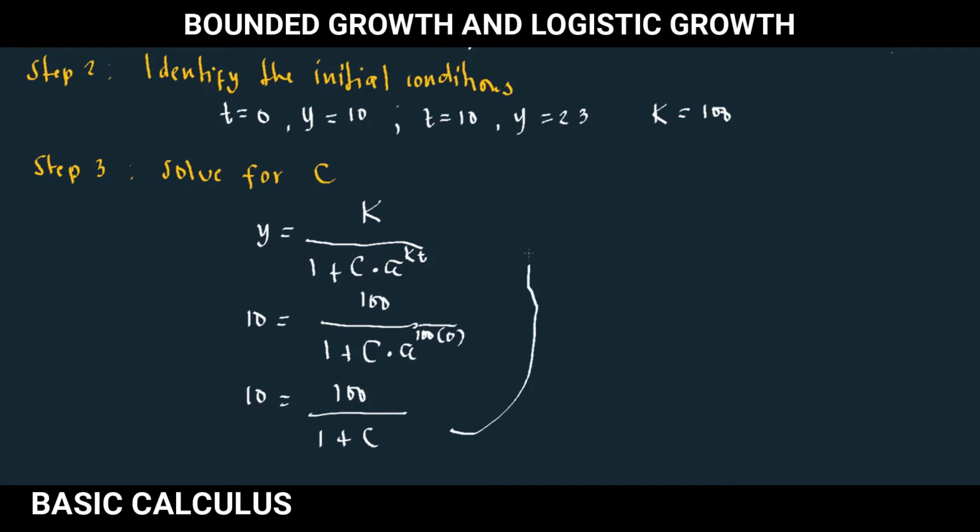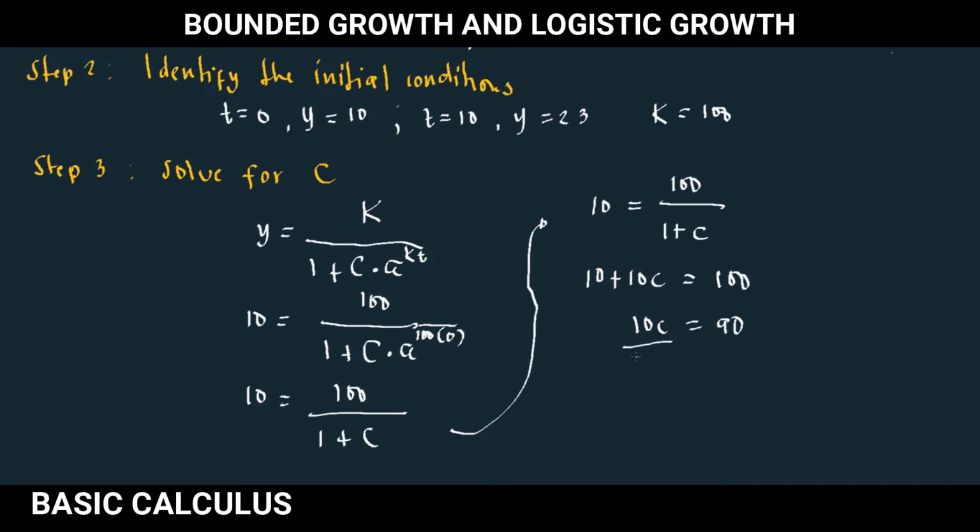We have 10 equals 100 over 1 plus C, and we need to cross multiply, so we have 10 plus 10C is equal to 100. Since our goal is to solve for C, adding both sides by negative 10, we have 10C is equal to 90.